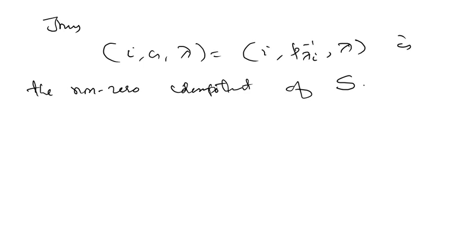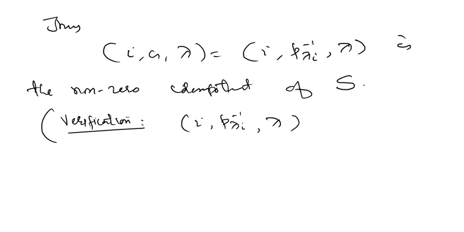आप इसको चेक भी कर सकते हो ये आइडेम्पोटेंट है. You can take its product twice, you will see that the product will remain the same. So if you want to verify this, let's see the verification. It's I P lambda I inverse lambda, then I P lambda I inverse lambda. What is the definition of product?